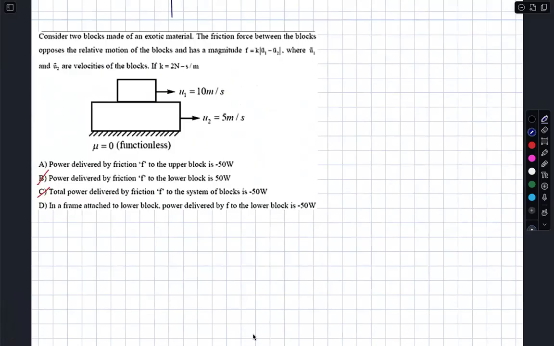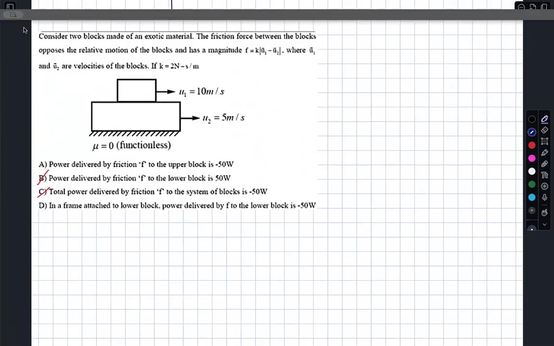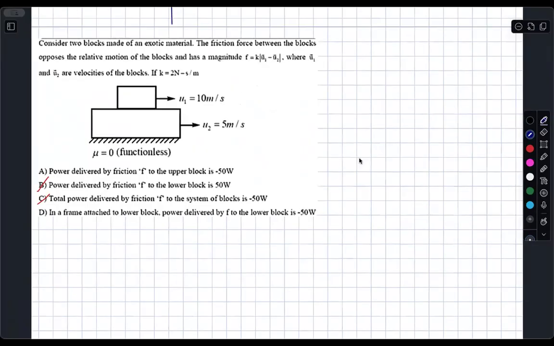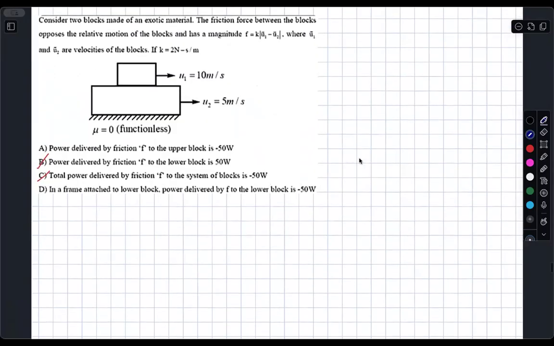Everyone try to solve this. Can you see the screen clearly? Yes, sir. Right.